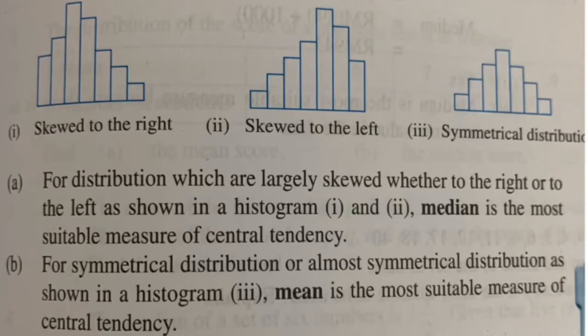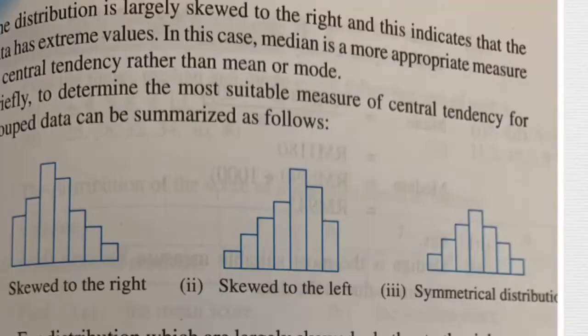Case 3, symmetrical distribution. For distributions largely skewed to the right or to the left, as shown in histograms 1 and 2, median is the most suitable measure of central tendency. For symmetrical or almost symmetrical distributions, as shown in histogram 3, mean is the most suitable measure.